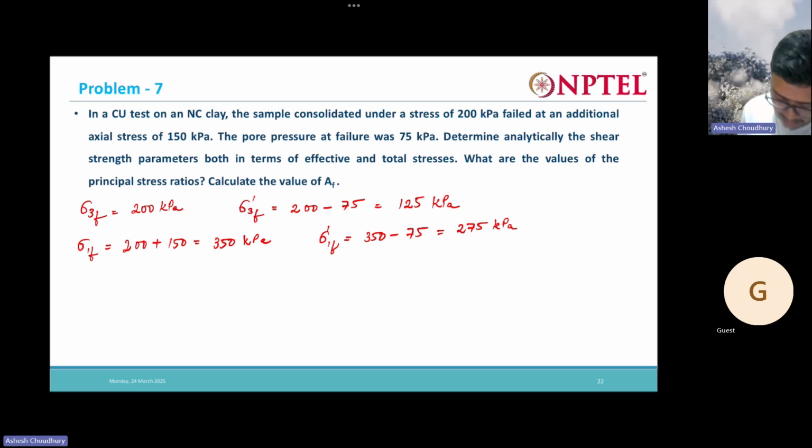Okay, now next, determine the shear strength parameters. So C and phi need to be found out, and also the values of the principal stress ratio. The principal stress ratio you can easily find out. So sigma 1 by sigma 3 at failure is nothing but the principal stress ratio at failure.